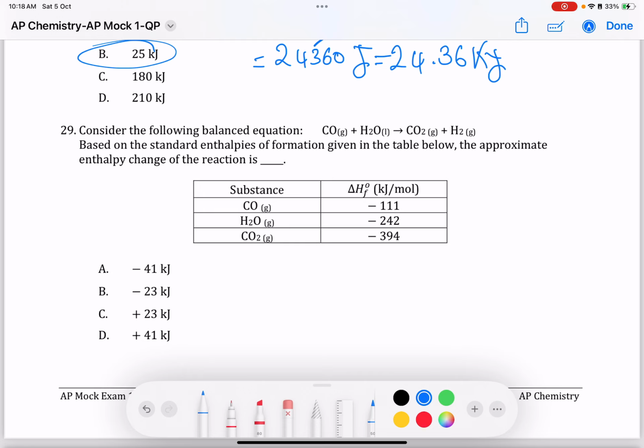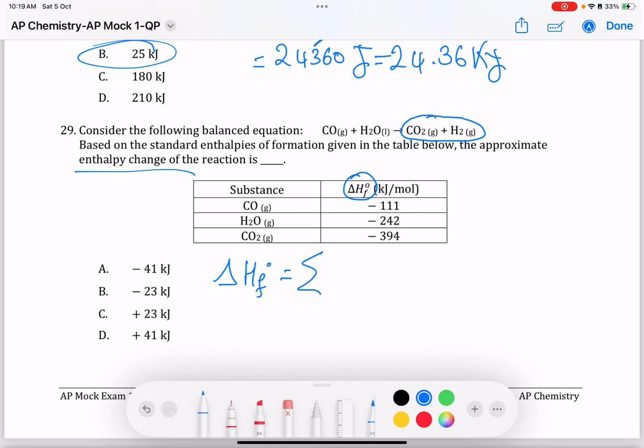Now, almost reaching the last question. Before the last, consider the following balanced equation, CO and H2O to give CO2 and H2. Based on the standard enthalpies of formation given in the table below, the approximate enthalpy change of the reaction is. When we look at the enthalpy of reaction, it is equal to the sum of the enthalpy of formation of products minus the sum of the enthalpy of formation of reactants.